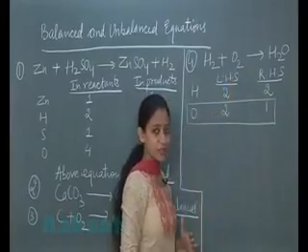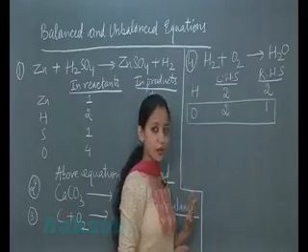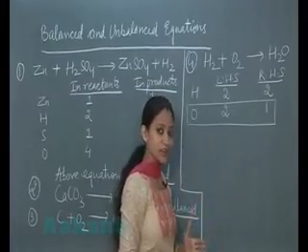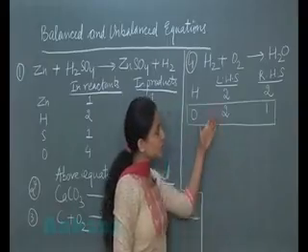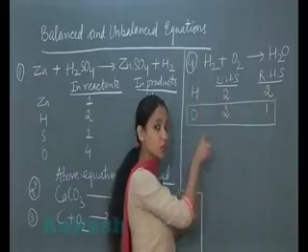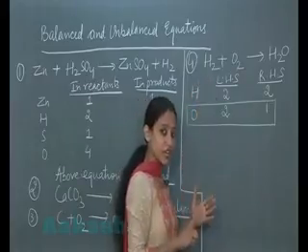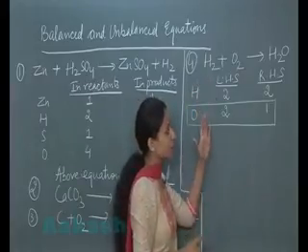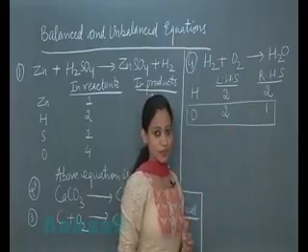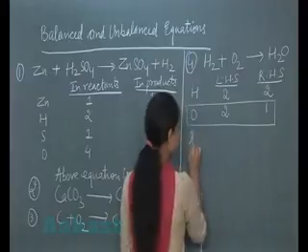But that cannot be the case because we have already studied the law of indestructibility of matter, that matter can neither be created nor destroyed. So this cannot be possible. An equation in which the total number of atoms of each element is not the same in the reactant and product side is known as an unbalanced chemical equation.